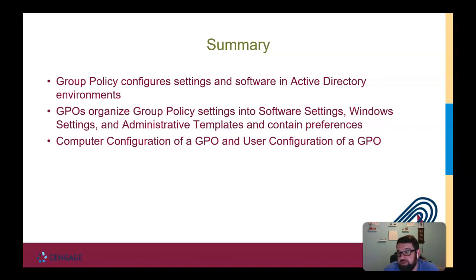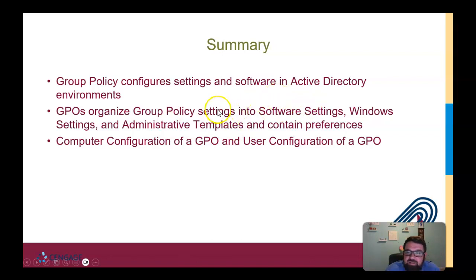Most importantly, the computer configurations apply to the computer itself. The user configurations apply to a user logging in or a user object that is in that location. A computer configuration applies to any user logging into that client, and a user configuration applies to only users in that OU or where it's linked for the GPO.